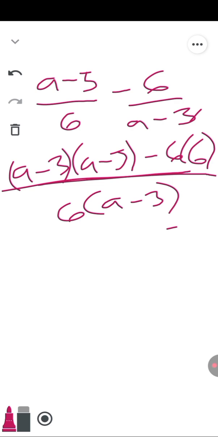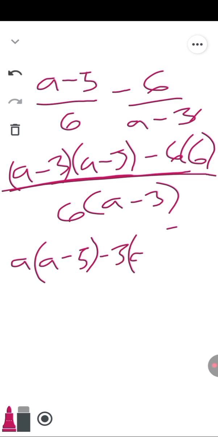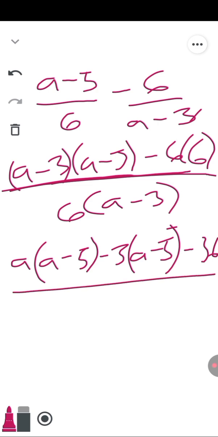So let's open the bracket. Let's do this one. That'll be a into (a minus 5) minus 3 into (a minus 5). Is that correct? Then what is 6 times 6? That's minus 36. Alright, all over what? 6 into (a minus 3).